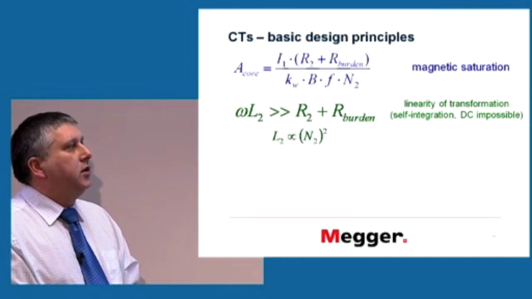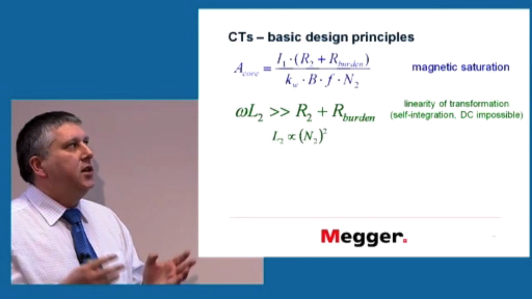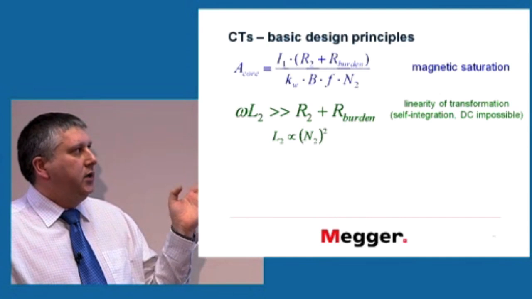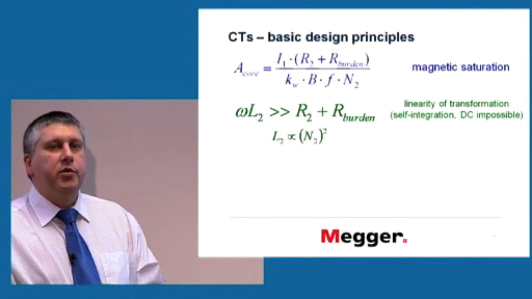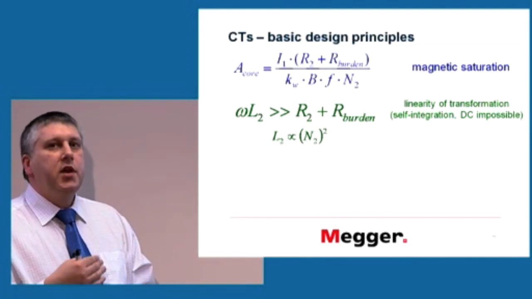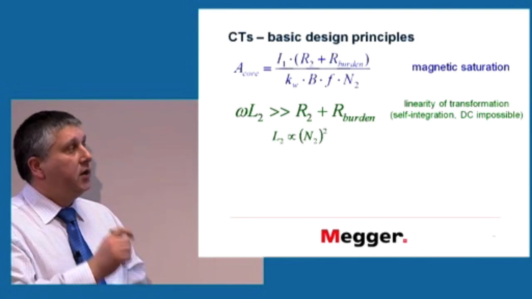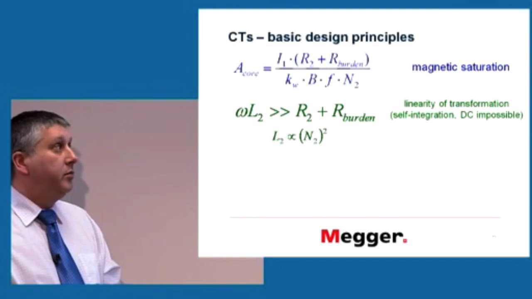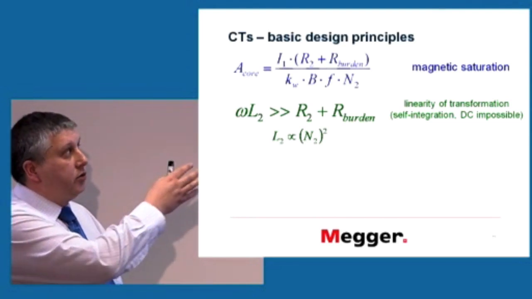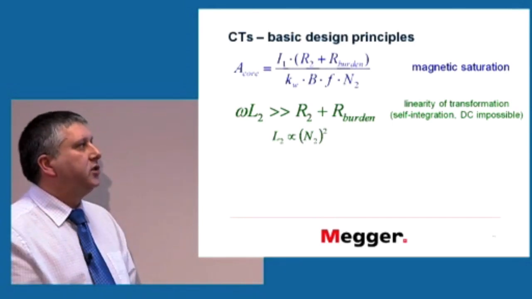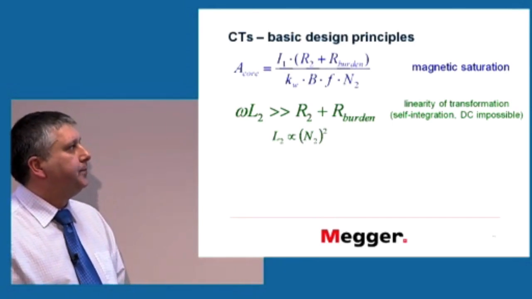But that drives basically the linearity of our transformation. So our inductance is directly proportional to the number of turns. So we can see that we can improve operating conditions if we increase the number of turns for the same load, called burden here. Our R2 in this equation means basically any other resistance in the circuit, and I will also say something about that in a second.